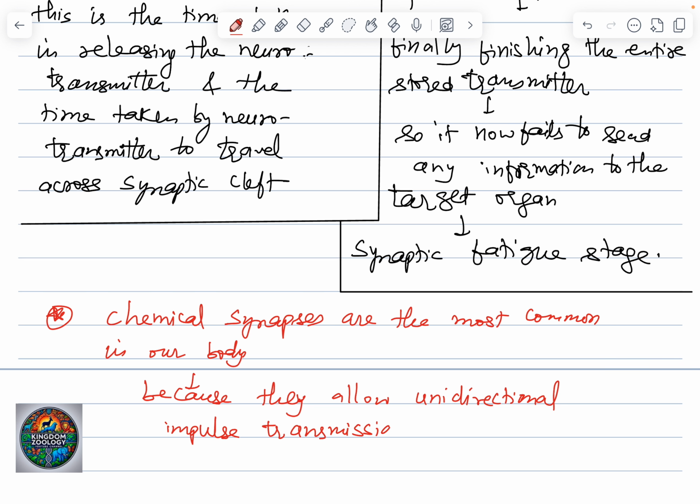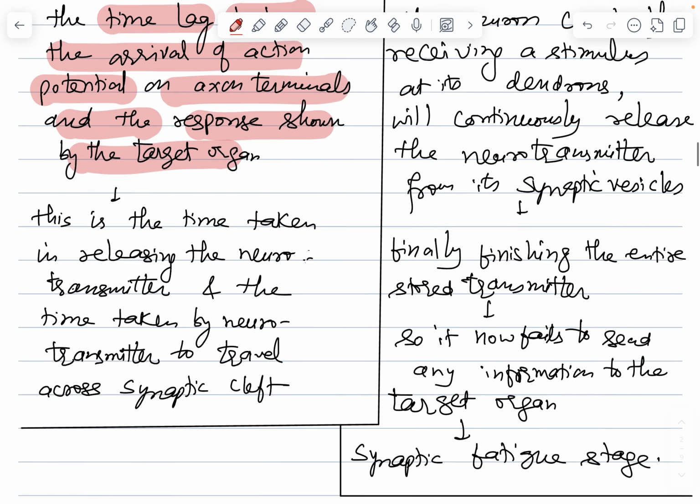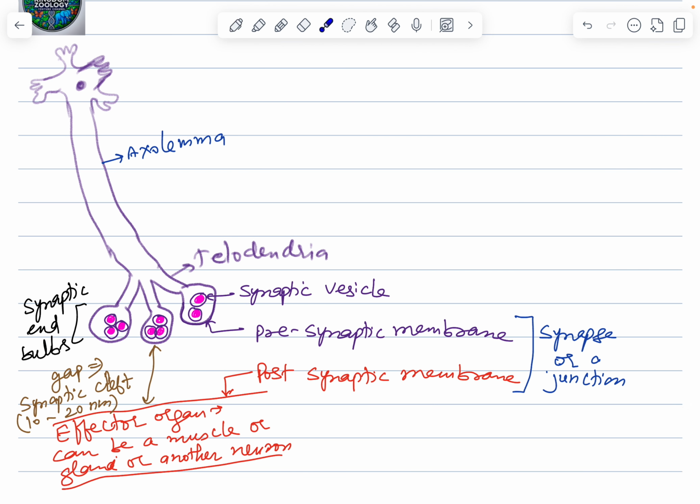What is unidirectional impulse transmission? Only from the neuron to the target organ. Only from the neuron to the target organ and not the other way around. Look at the picture again. Here, chemical synapses allow neurons to control the target organs or the effector organs.